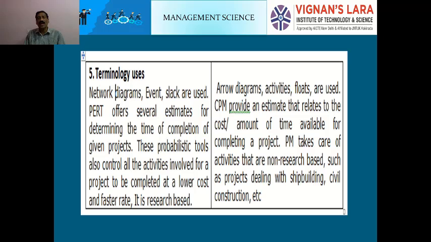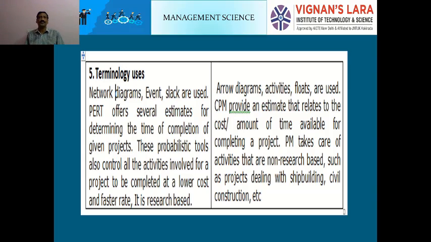While at the same time, CPM uses terminology such as arrow diagrams, activities, floats, etc. An arrow diagram is a symbol to represent arrows for each and every activity. Now, float. Float is a time delay at an activity. Due to many reasons, the estimated time is not enough to complete a task.